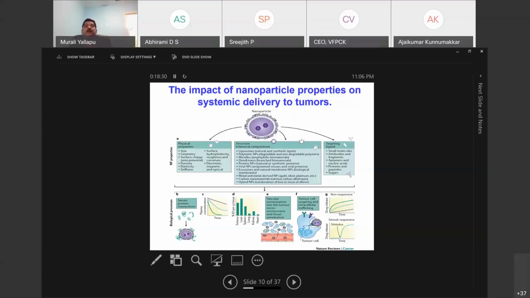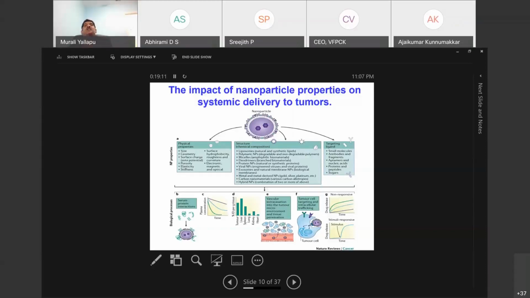the nanoparticle, that will determine the biological properties of these nanoparticles, whether they have more interaction with the serum proteins or more plasma concentration availability, or whether they have a better tumor versus all other organ delivery ratio, so that you can determine which particle formulation or which type of chemical composition is much better, and whether we want to use a targeted moiety or not.